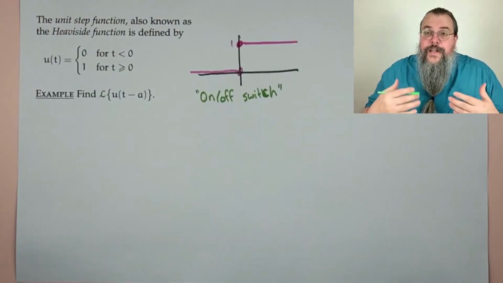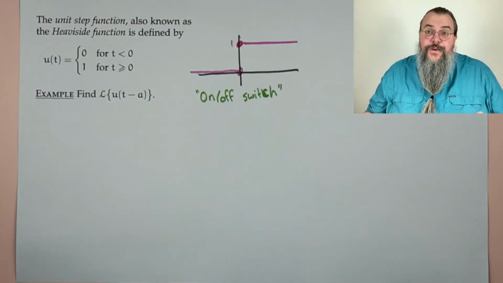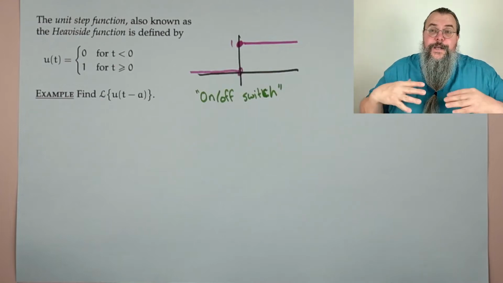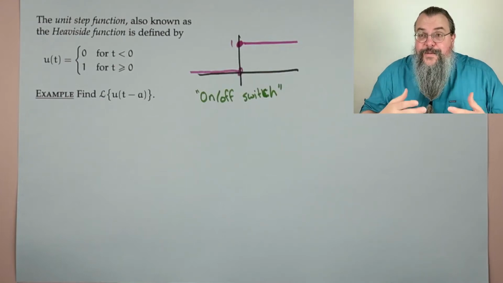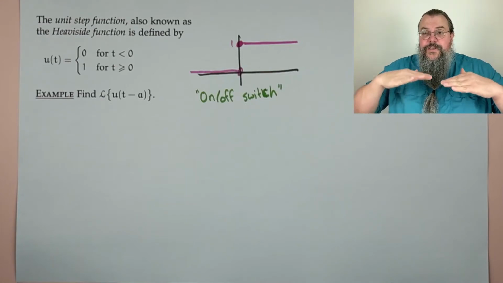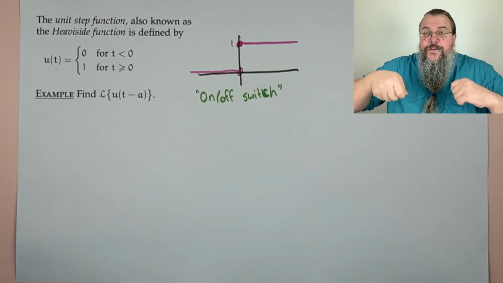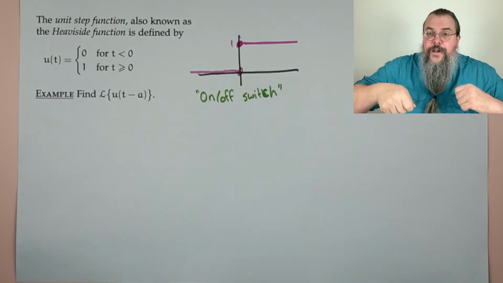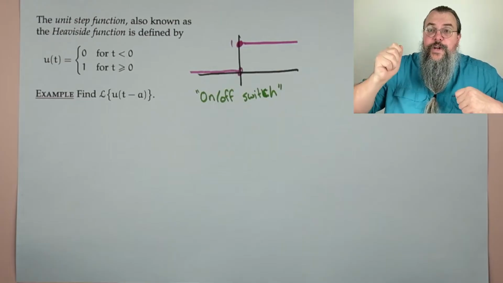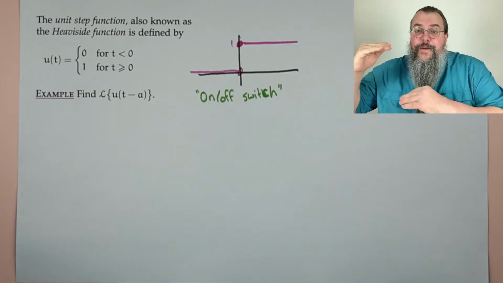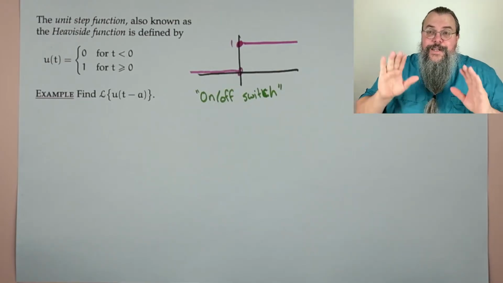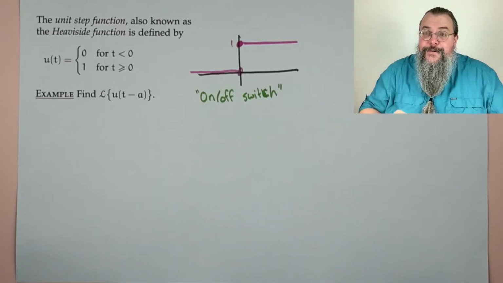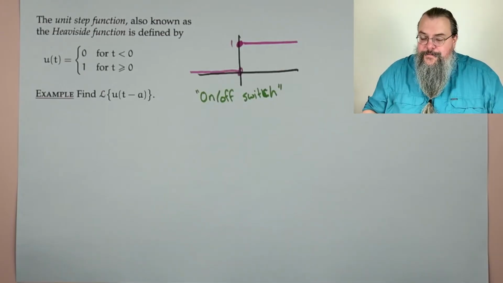So this will be very useful as we go on in terms of piecewise functions. Because with piecewise functions, you have different behavior. And so you can think of different behavior as you're saying, oh, I have something turning on, and that changes my behavior. We'll get more into that in the future, but for now, let's find the Laplace transform.